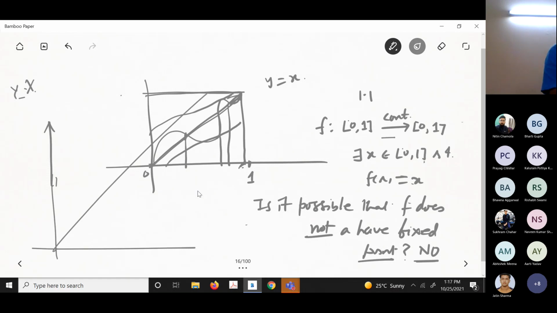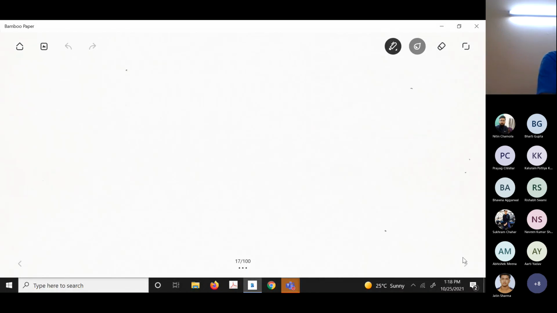So it must cross to have a fixed point. So this is a particular example when X equals this. Okay, so think about it. Fixed point itself is an area in mathematics, and it has a lot of applications, particularly in applied mathematics.